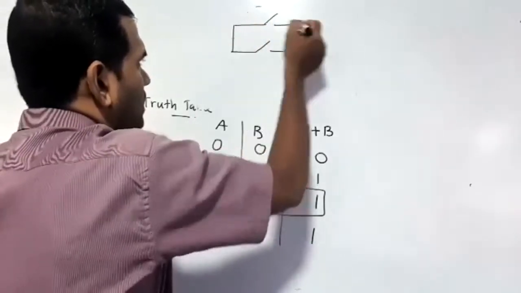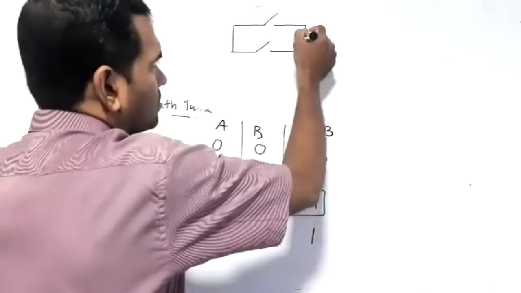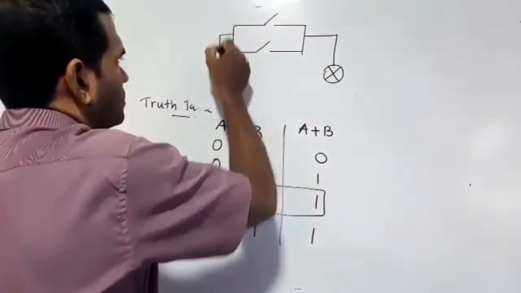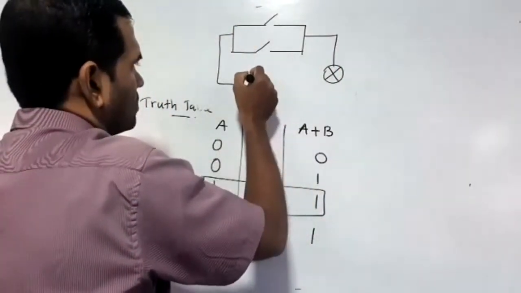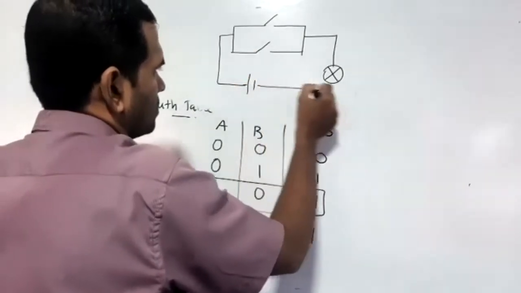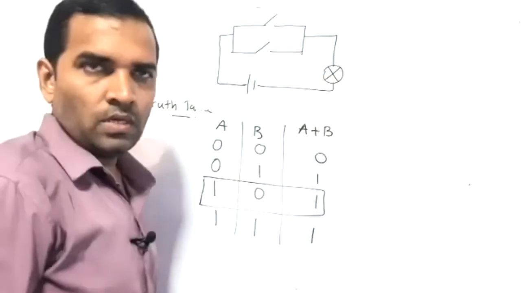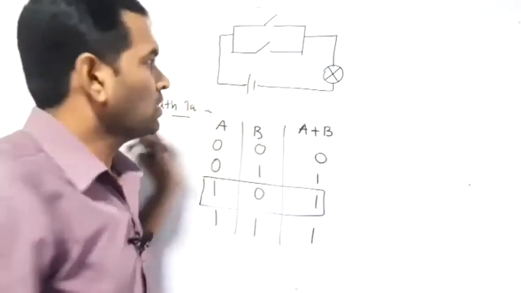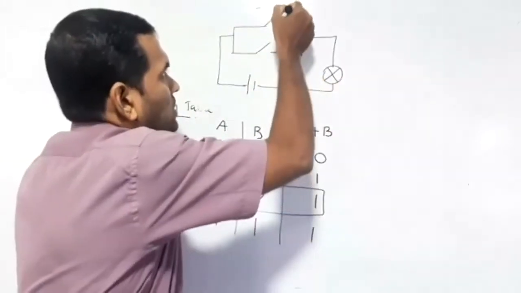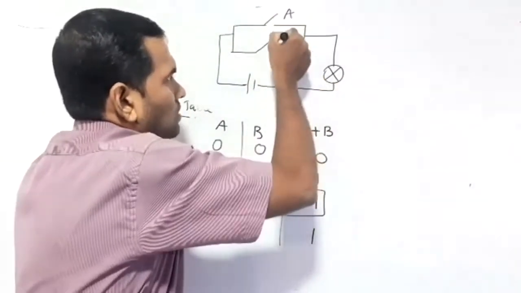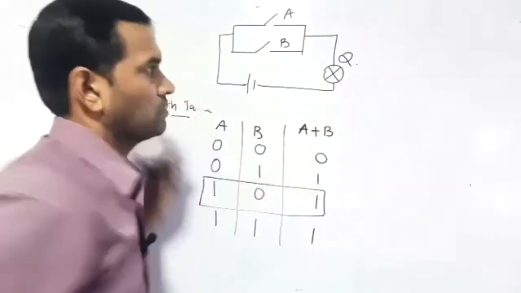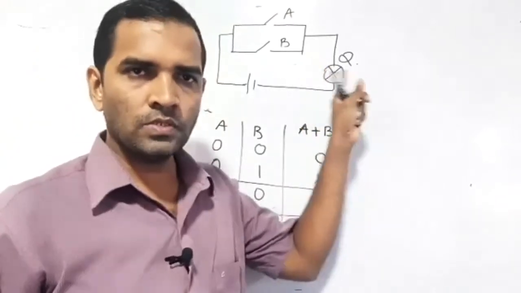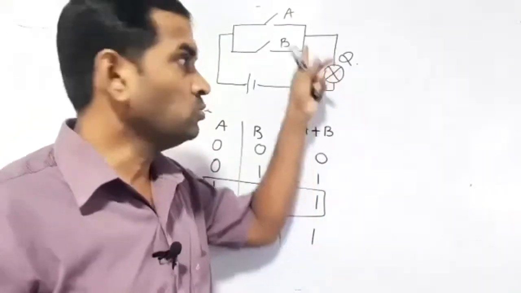I connect them parallelly, not serially. And I have a bulb and a battery. Okay, two switches taken, both connected parallelly, and a bulb and a battery, right? So let me take this switch as A, this is B, the bulb is Q. Let's see how this bulb is handled by these two switches.